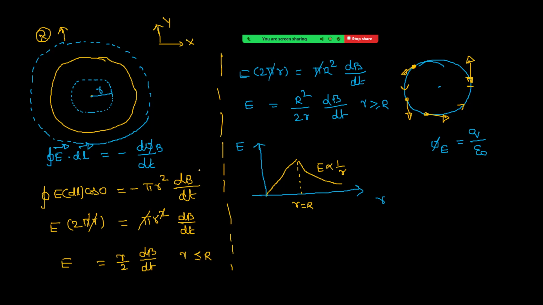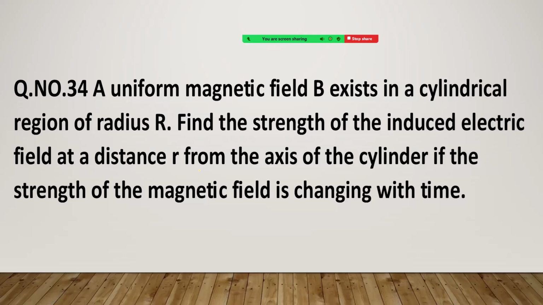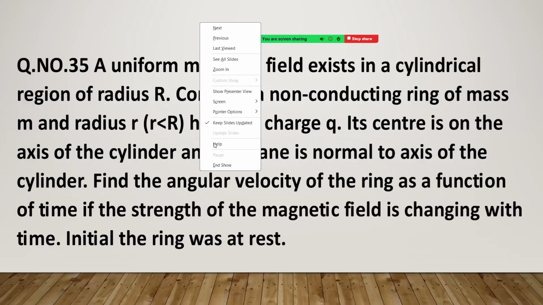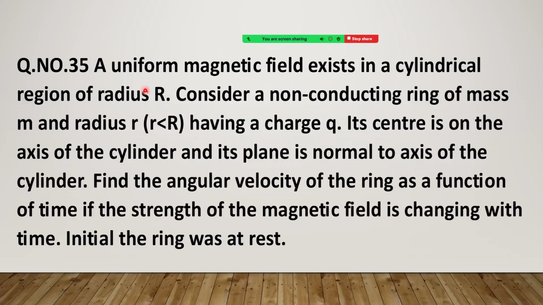Okay. Let us take one more problem. Let's see the question given. A uniform magnetic field exists in a cylindrical region of radius R. Consider a non-conducting ring of mass m and radius r having charge q.